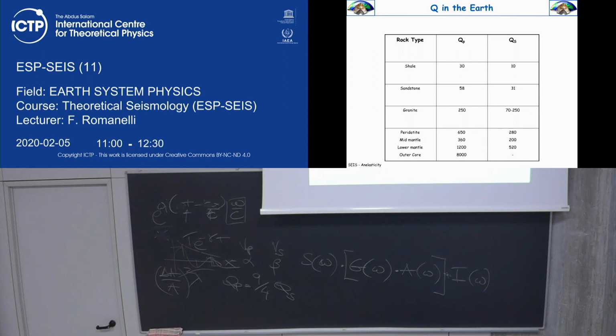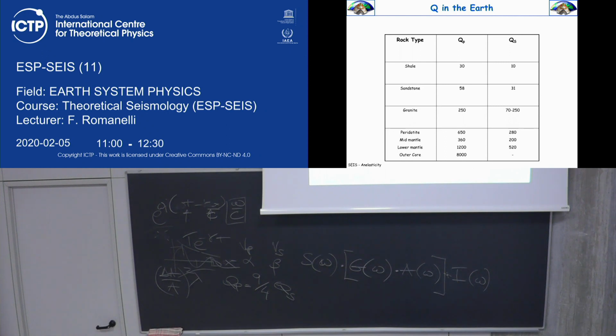For the other rocks, like bedrocks, you see that QP is getting to hundreds. And we have a beautiful number for the outer core. I replaced 0 with this yesterday because I didn't like 0. In the outer core, it's perfectly liquid, as you can imagine, so there is no VS, so it has no meaning to look for QS, and the value of QP is very high. Also, water has a very high Q. Actually, in water, you can very efficiently propagate sound, as whales know.